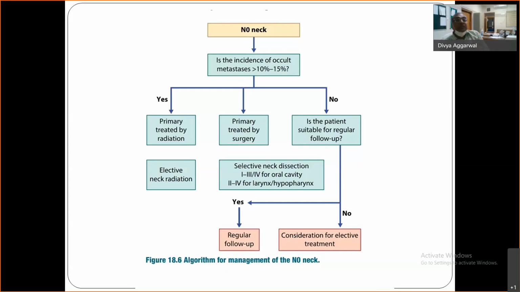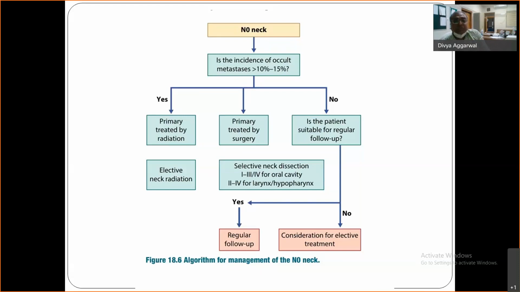Primary radiation treatment is called elective neck radiation. Primary surgery is called selective neck dissection, in which only those nodes which drain that area are dissected. For example, if it is the tongue, you will dissect those nodes which drain the tongue. This is known as selective neck dissection.